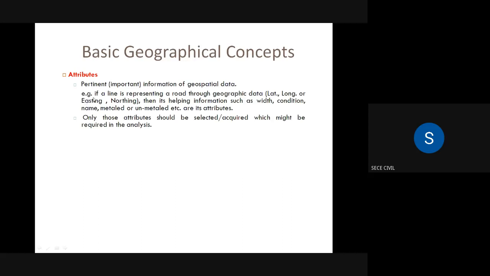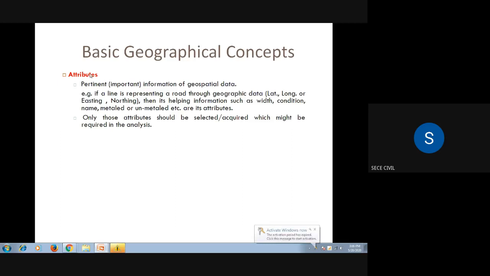For example, using a line for denoting a street or river. But attributes means, if a line is representing a road through geographic data, then it is helping information such as width. So what are the attributes here for the road?